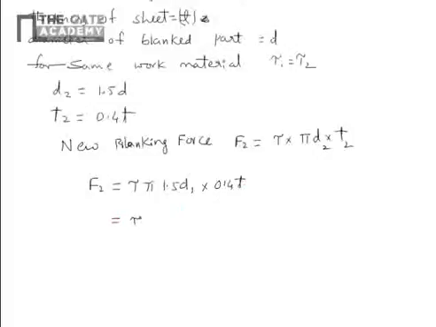So tau into pi d into thickness into 1.5 into 0.4, which is 0.6 into tau pi d t.